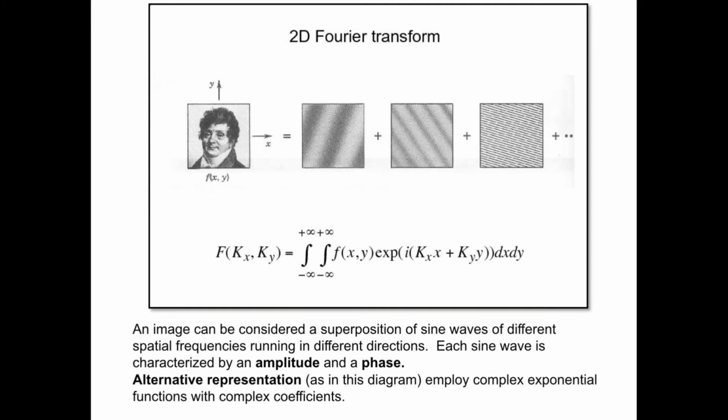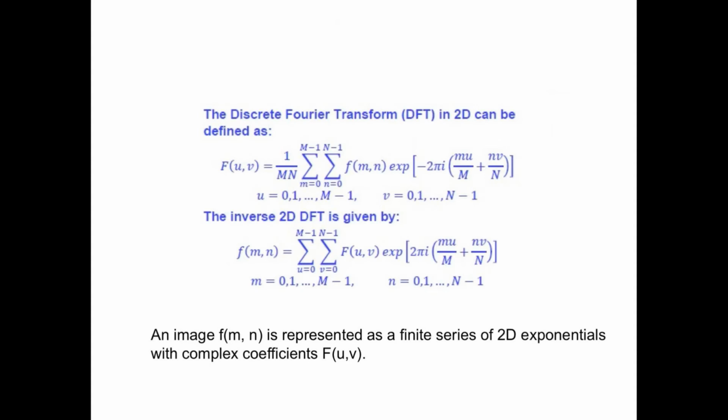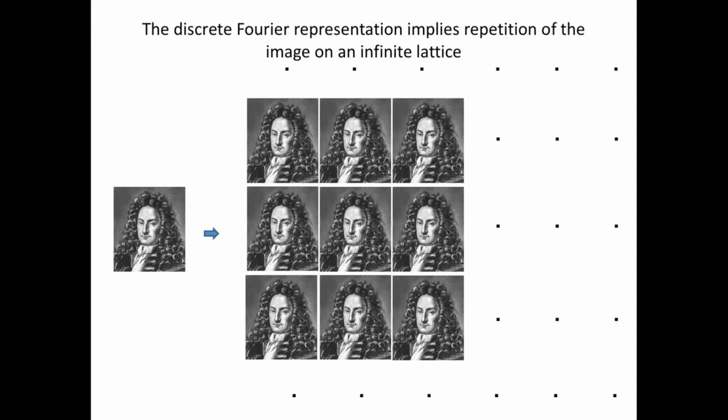Okay, Fourier transform, you might have been introduced to this already. Yeah. Okay, so here I can just skip over it. But I just wanted to remind you that the discrete Fourier representation that I just showed you implies that we're not representing an image all by itself, but rather we represent an infinite array of these images.